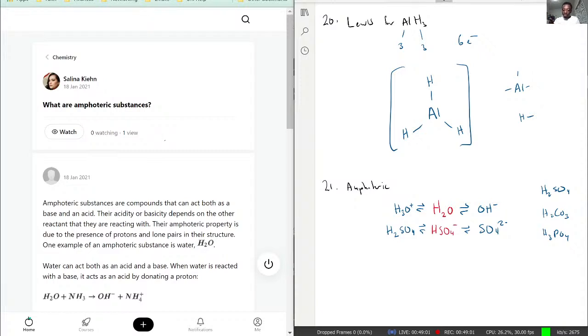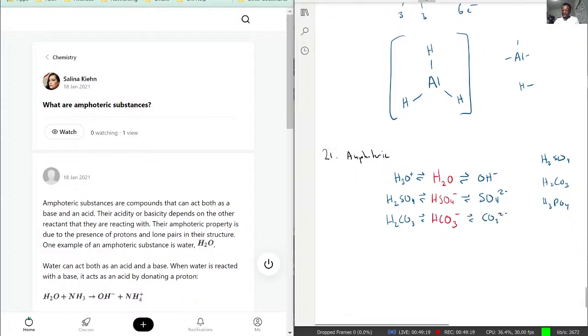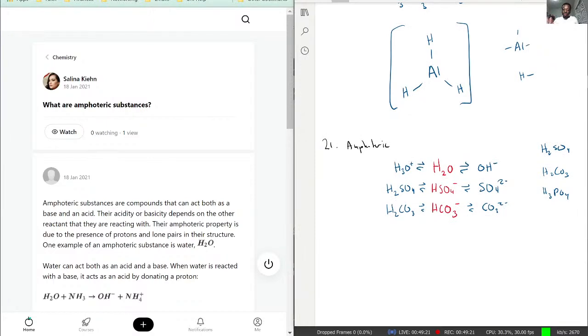Same thing with HCO3, which is what will happen when this gives away 1. And then when it gives the other, it would be CO3 2 minus. Now my favorite one, this one's really cool, H3PO4, because it actually has two amphoteric substances when it keeps going from acid to base.